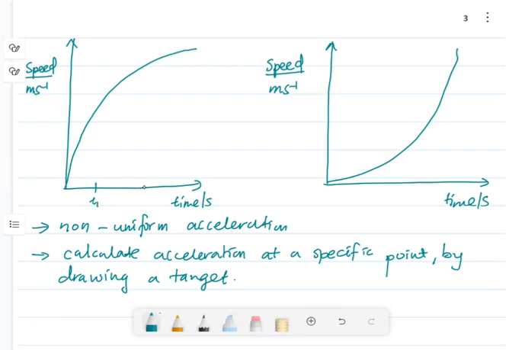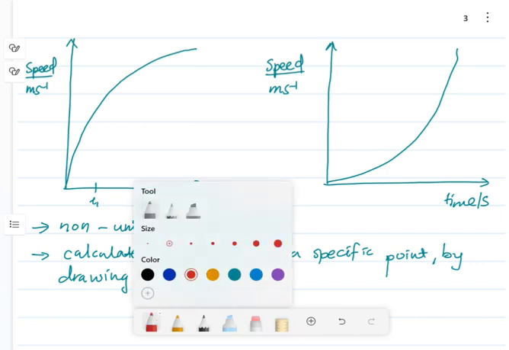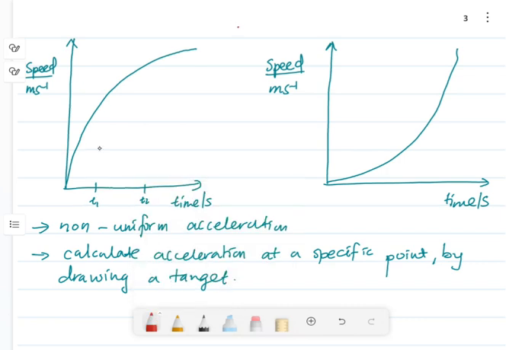For instance, let's say maybe we have t1 here and maybe t2 there. If I say calculate acceleration when t is equal to 1, it means that I'll go all the way up to this point, which is in line with t1. Then at that particular point, I'm going to draw a tangent there. At that particular point as well, I'll have to draw another tangent there.